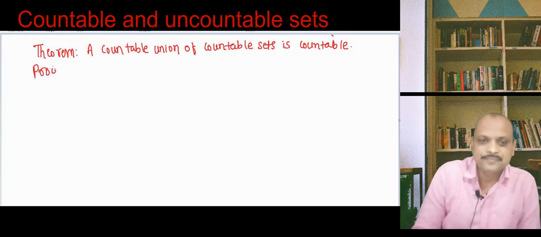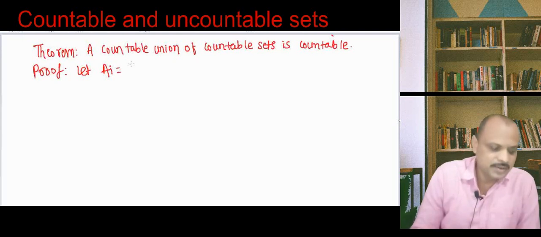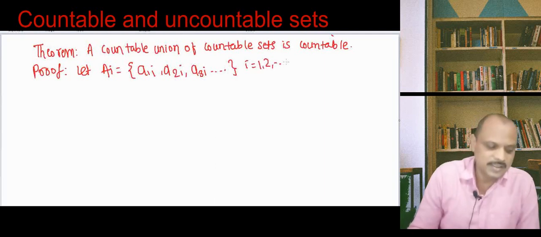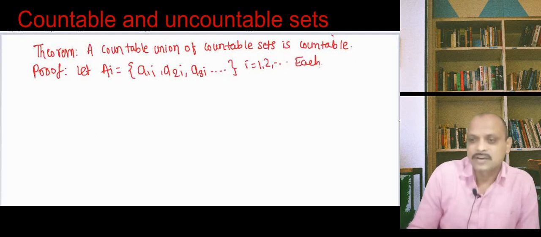Suppose A_i equals, we write this as A_{1i}, A_{2i}, A_{3i}, and so on. These are the countable sets for i equal to 1, 2, and so on. Then we can see that each A_i is countable.